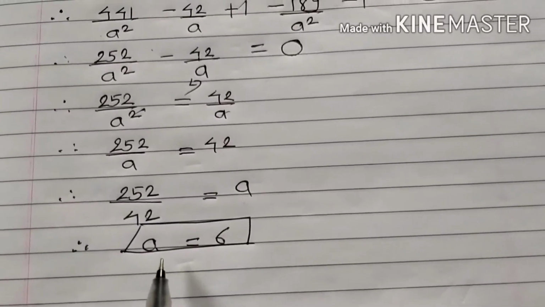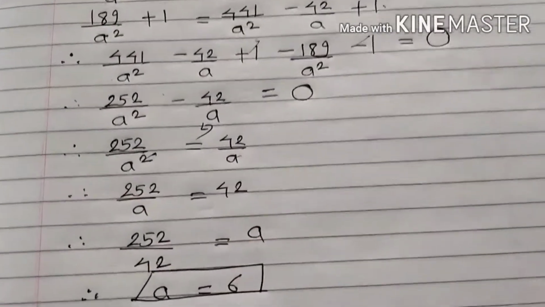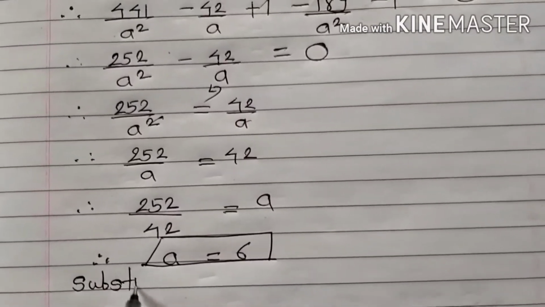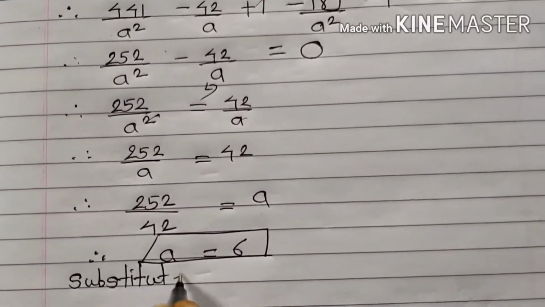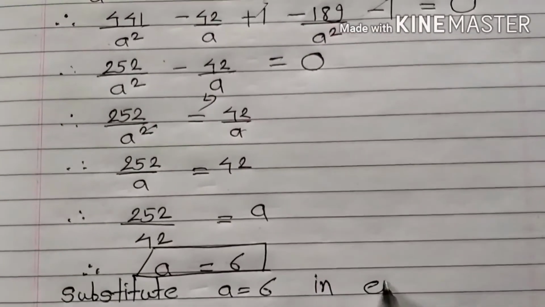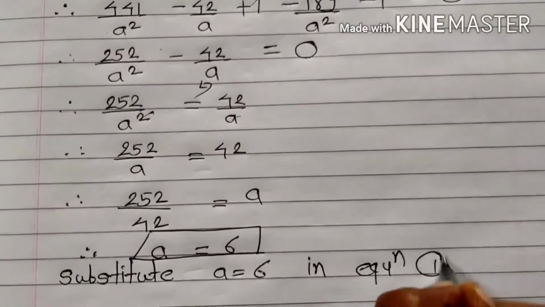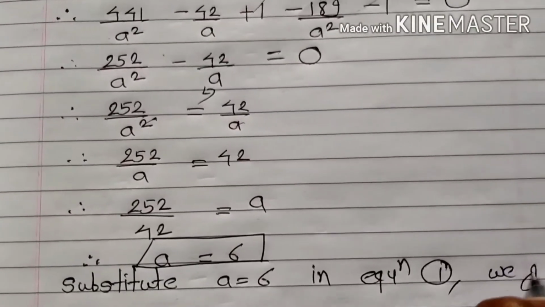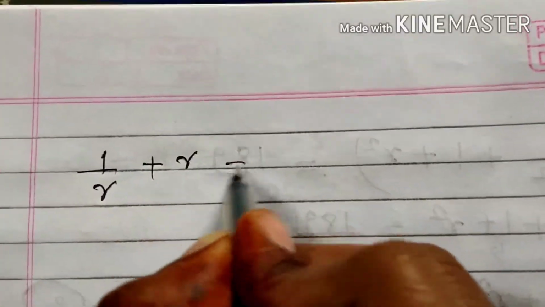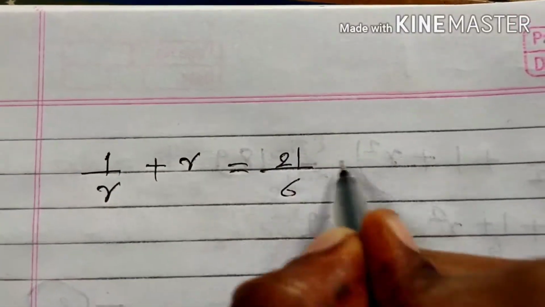Now substitute a equal to 6 in equation first. We get 1 upon r plus r, which is equal to 21 upon 6 minus 1.